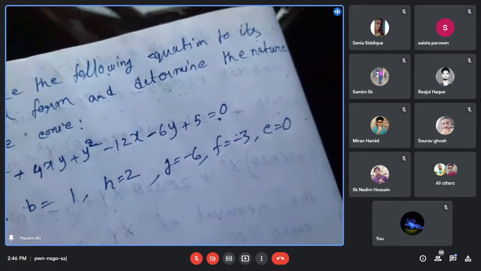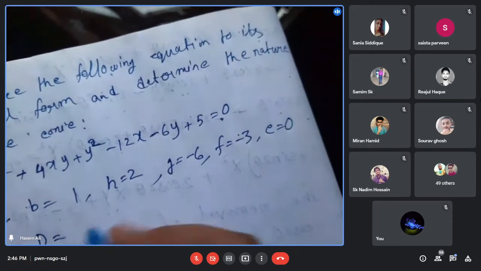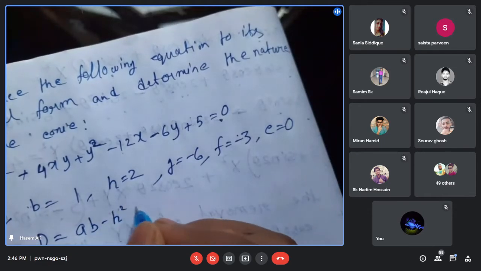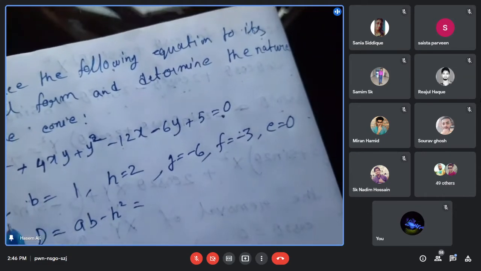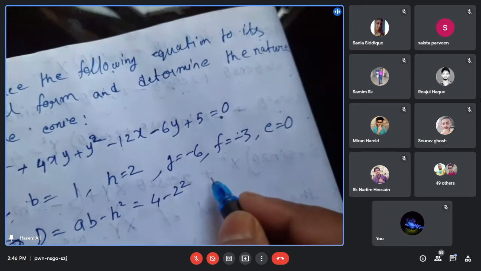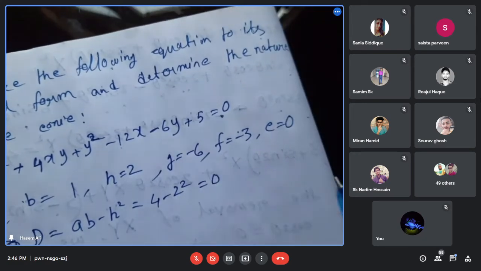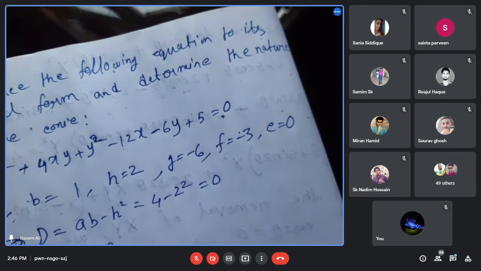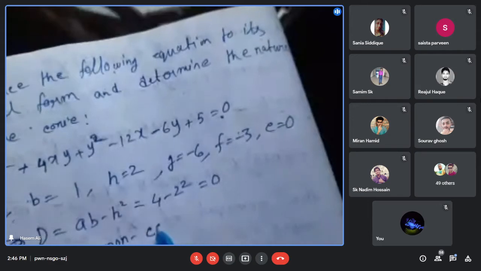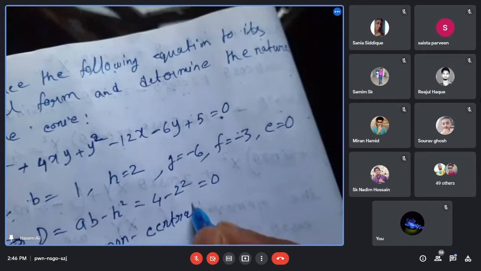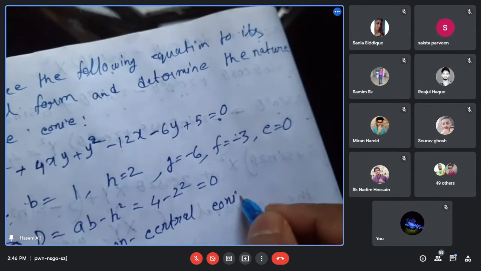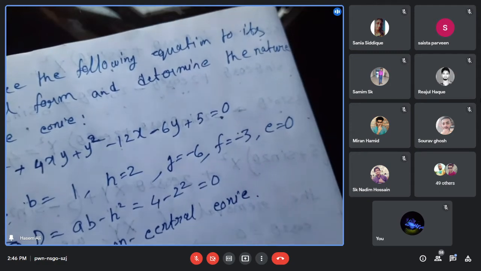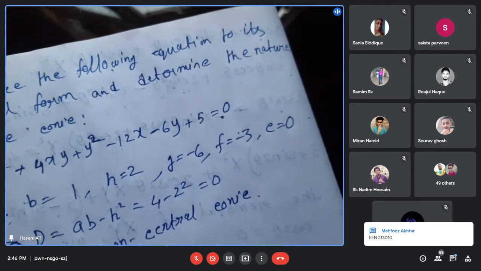First delta d. Here d is ab minus h square, where ab is 4 minus 2 square which is 0. So it is a non-central conic. Non-central conic may be either a pair of straight lines or a parabola.